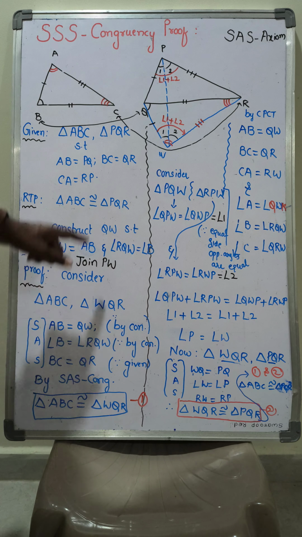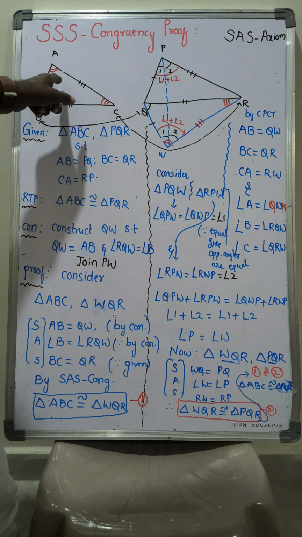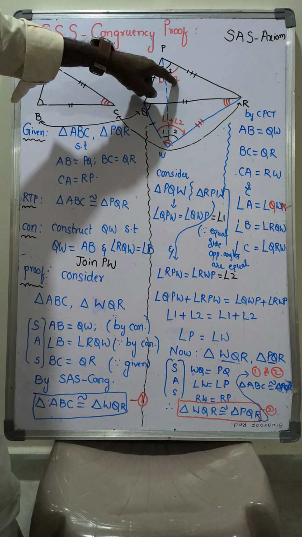Now we already know that triangle ABC is congruent to triangle WQR. Now we proved triangle WQR is also congruent to triangle PQR.